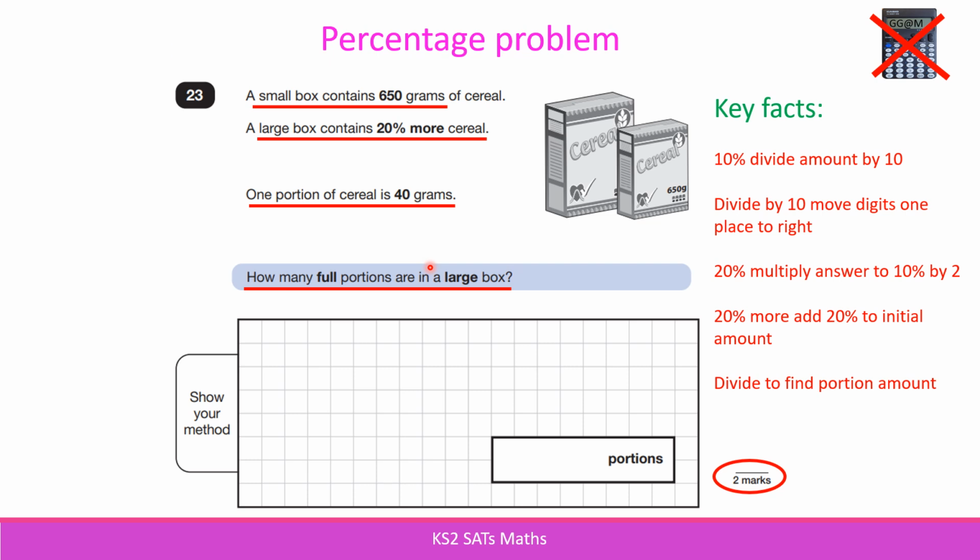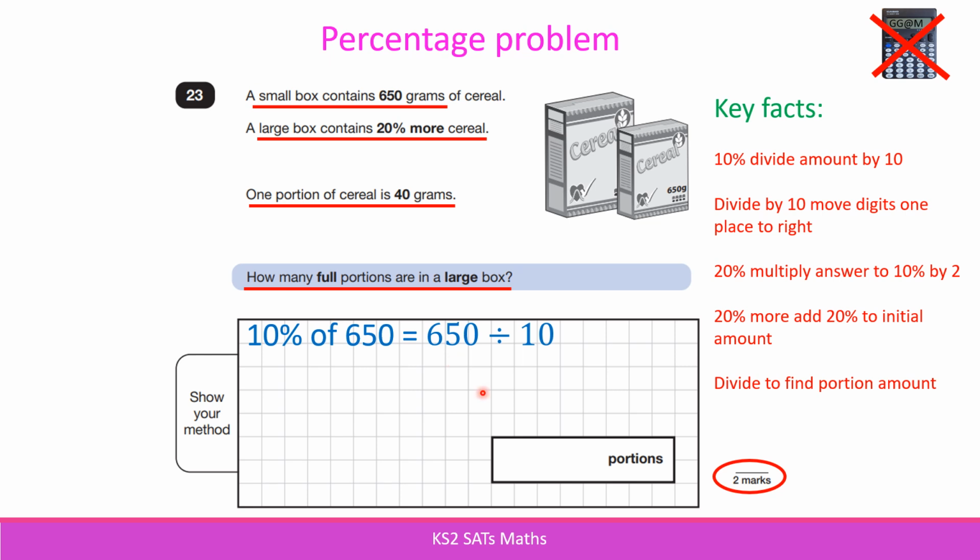Fantastic work, well done. So to start with, we're going to find 10% of 650. The fact to find 10% is to divide by 10. So we take the digits of 650 and move them one place to the right. The 6 in the hundreds column moves to the tens column, the 5 in the tens column moves to the ones column, and the 0 in the ones column moves past the decimal point into the tenths column, but we can ignore that point 0.